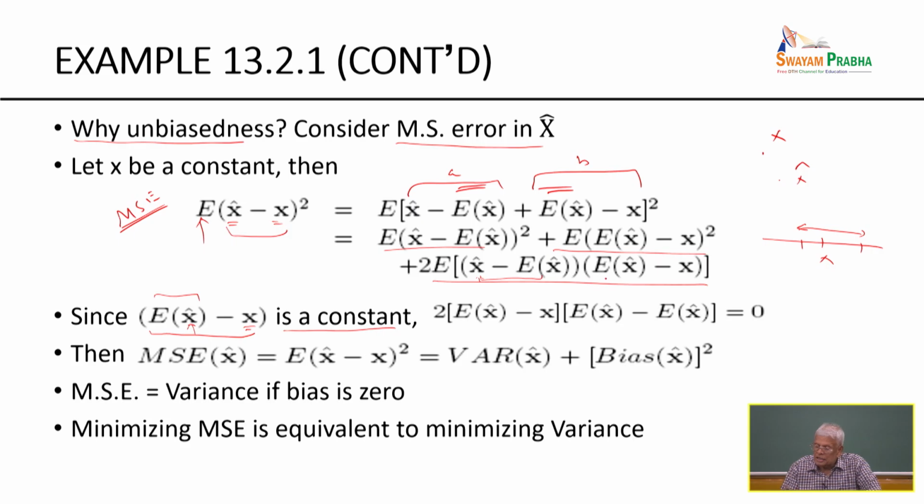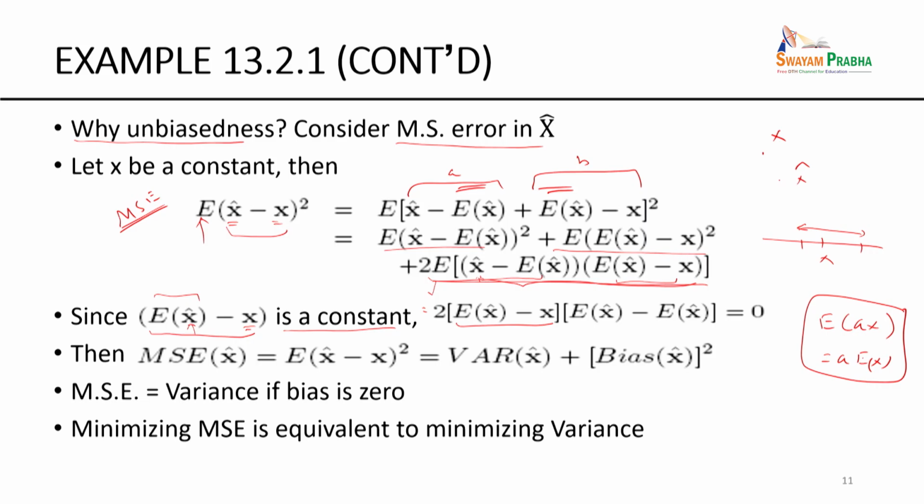We just saw E of x hat minus x is a constant. We all know the expected value of A times x is equal to A times the expected value of x. Multiplying a random variable by a constant, I can bring that constant outside the expectation operator, that's a standard rule.